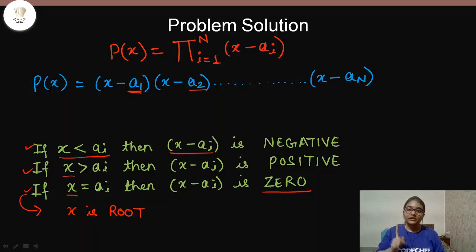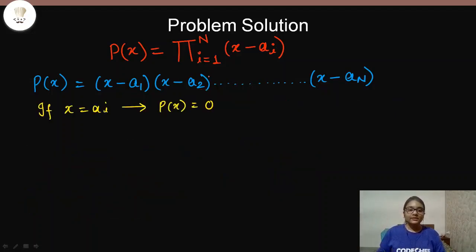And if one term of the polynomial is 0, then the entire polynomial will result in 0, because here we are multiplying the terms, and in multiplication if any one term is 0, then the entire result will be 0. So one thing we have deduced is that if the queried value is equal to any of the roots of the polynomial, then p of x will definitely be equal to 0.